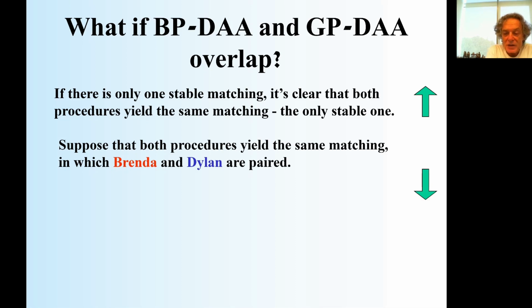So there is only one stable matching because, as I said, there are two extremes and nothing can be in between if they coincide. Suppose that both procedures yield the same matching in which Brenda and Dylan are paired. Now it's an explanation.